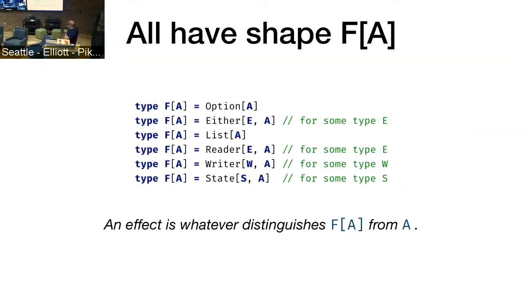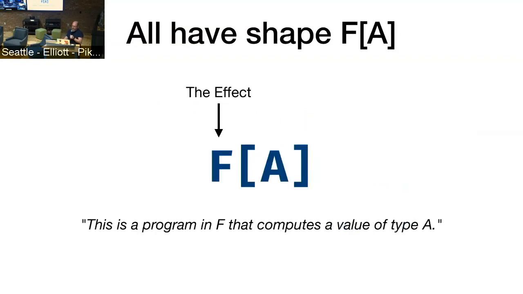Now, because effectful value sometimes takes too long to say, we sometimes call these things programs. Okay, so F is the effect, and if we have something of type F of A, we'll just say this is a program in F that computes a value of type A. It might seem kind of weird to think of something like Option String as a program, but in the general case, you're going to have a more expressive type, like Reader or State, where it might seem a little more intuitive to call it a program.